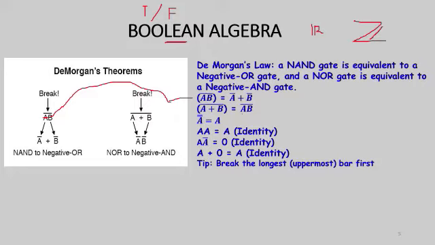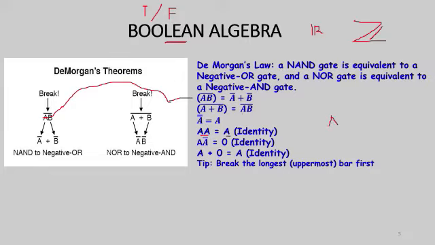Now also, when you have a variable multiplying itself, there's no need. It is identity. If they are identical, then it is just A. For example, CC is C, BB is B, but AB is not A. Whenever they are the same, you can take them as one.